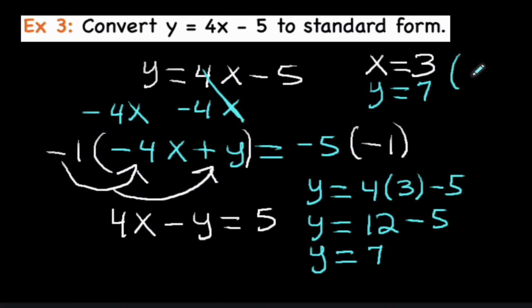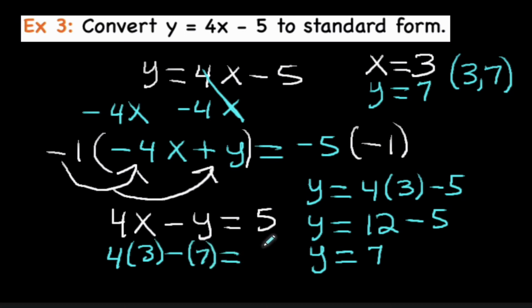So that means the point is 3, 7. And let's go ahead and verify that this equation is true by plugging in both these values. So we have 4 times 3 minus 7 equals 5. 12 minus 7 does equal 5. So that means this is a solution, 3, 7. Let's go over example number 4.